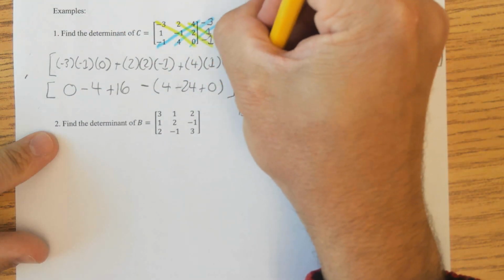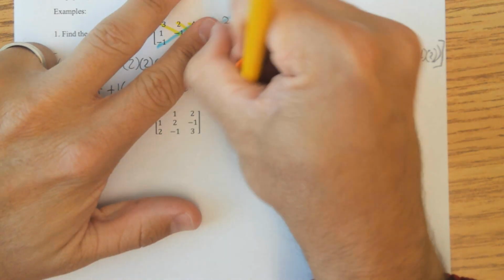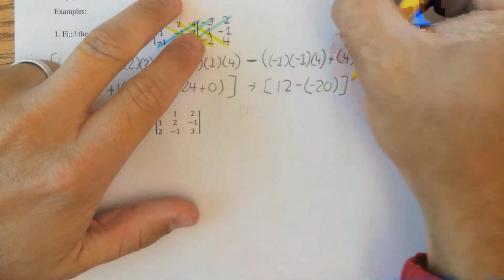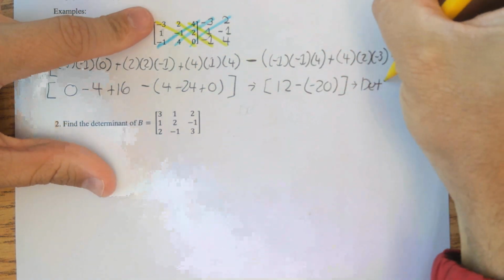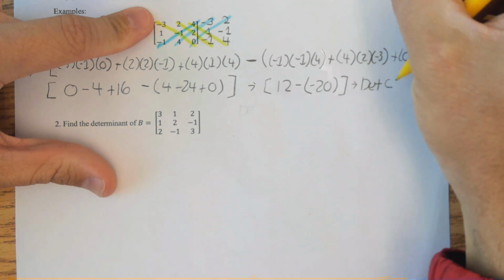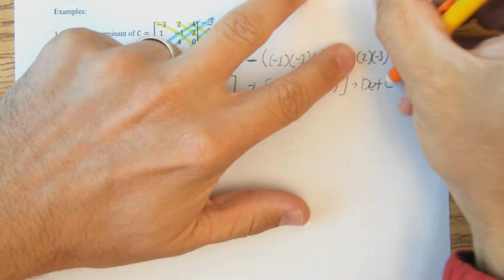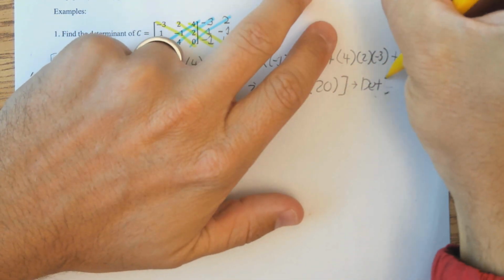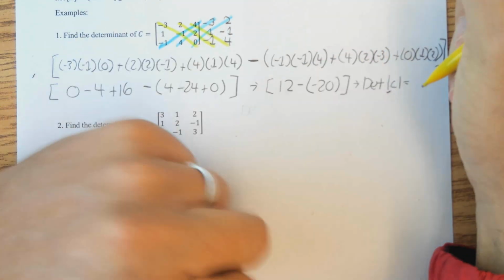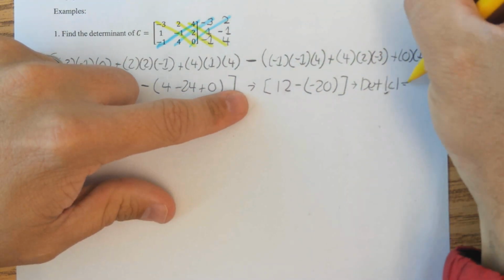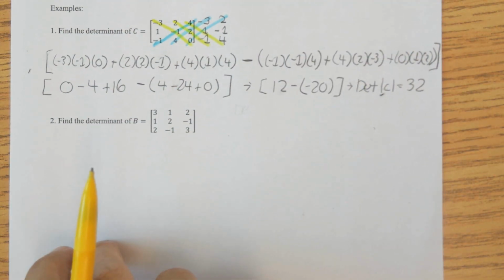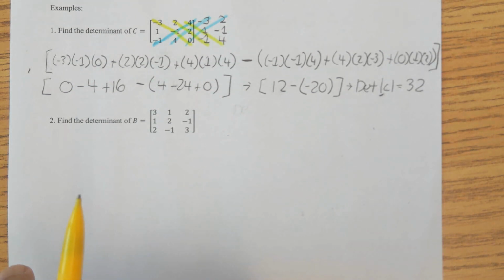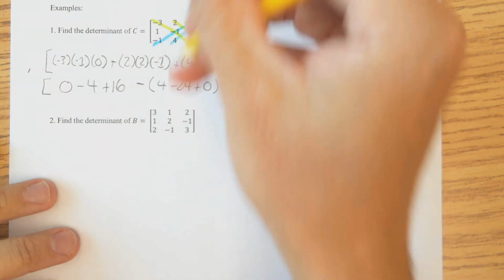So the determinant of C, and our notation is dt of C, equals 12 plus 20, which is 32. Okay, so not bad.